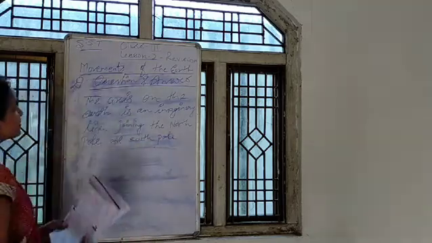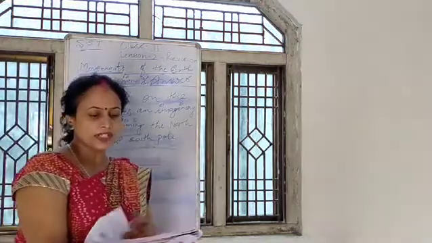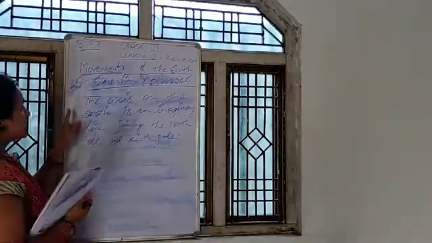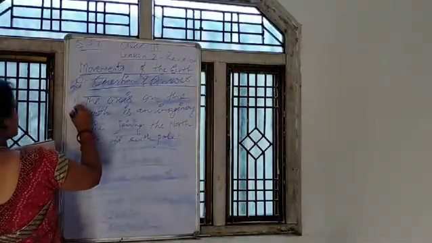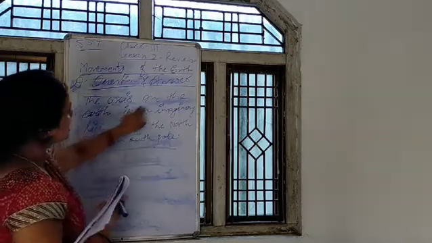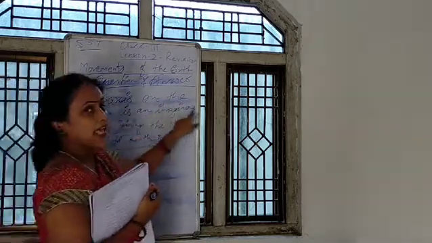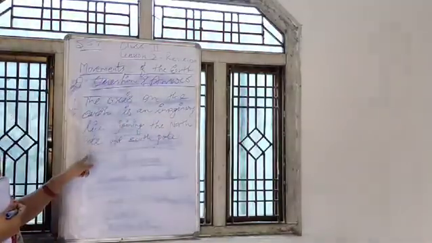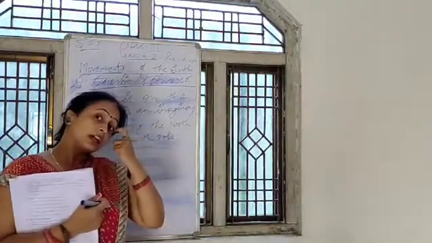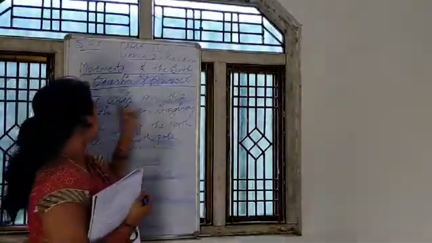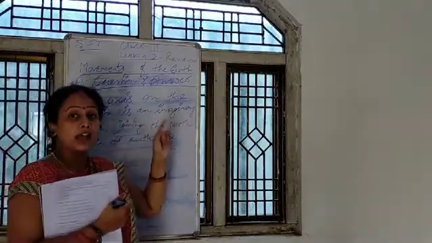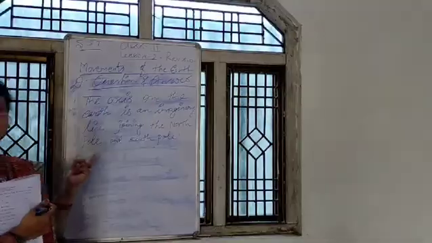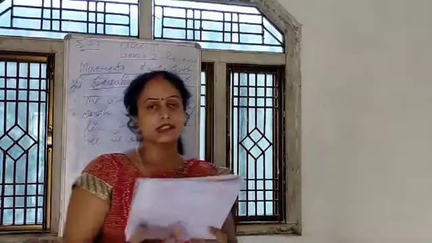Okay, so this is the first answer. Again repeat. What is the question here? What is an axis? The axis on the earth is an imaginary line joining the North Pole and South Pole, isn't it? So this is the first answer.